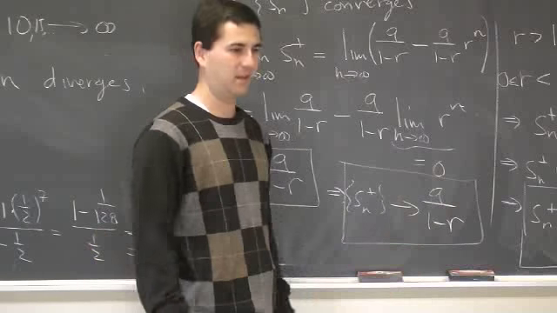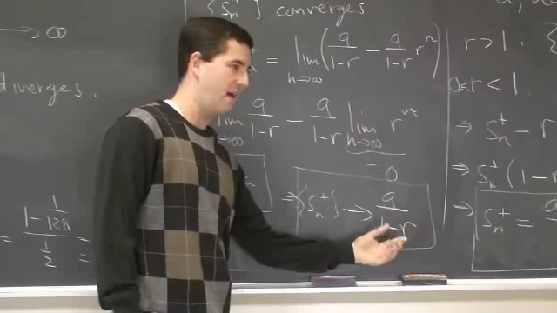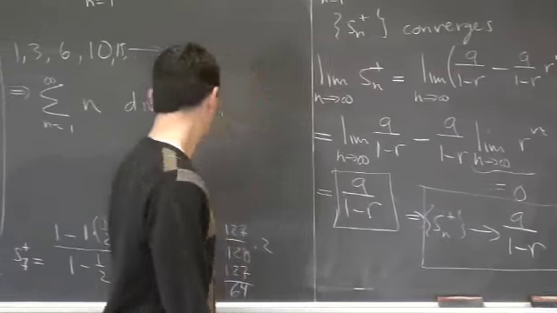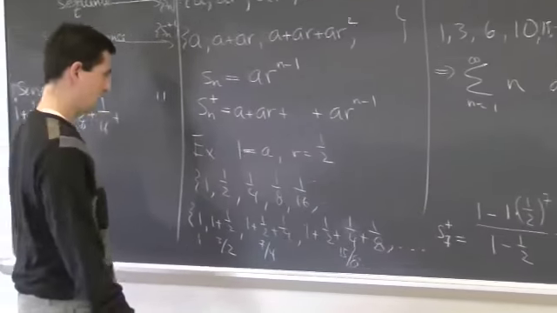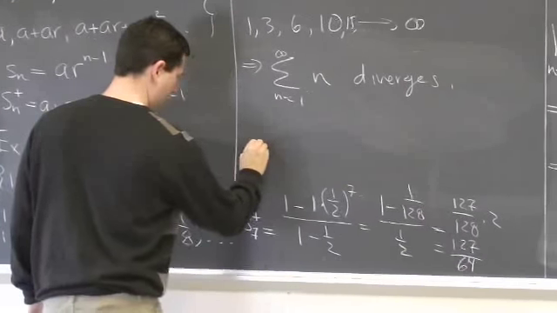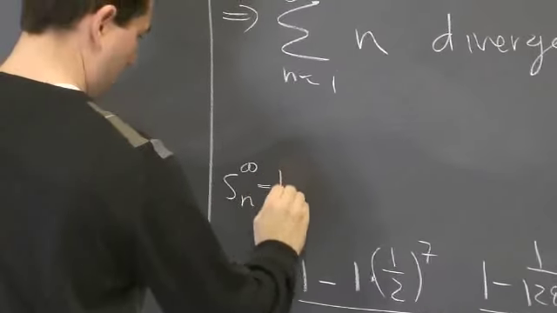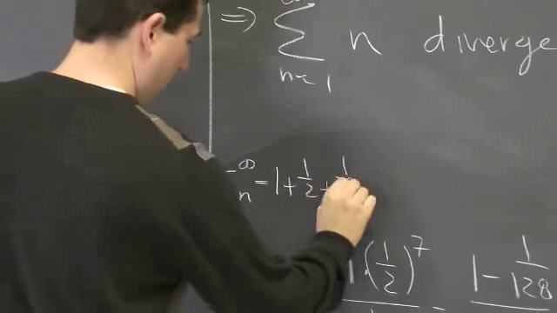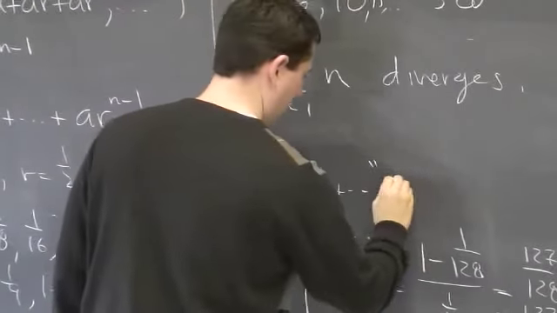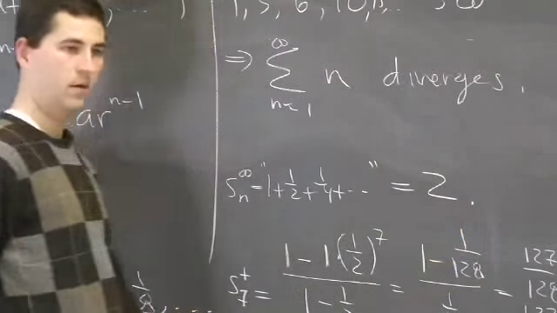And that's it. That will be what it converges to. And of course, 1 minus a half is a half. 1 divided by a half is 2. So this, the S_n infinity, which is 1 plus a half plus a fourth all the way, this equals 2.